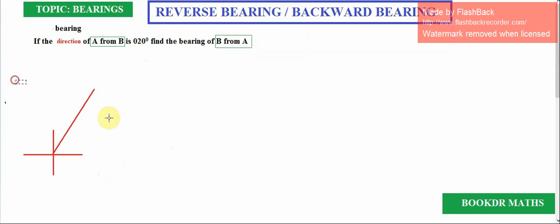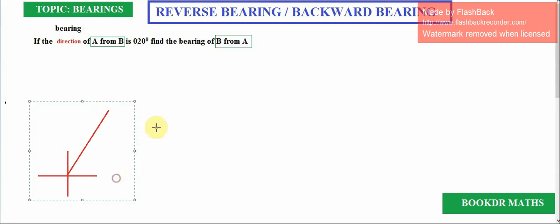But remember, these points have been given. It is not like the previous question where you're only given the angles. This one, two relative points have been given.